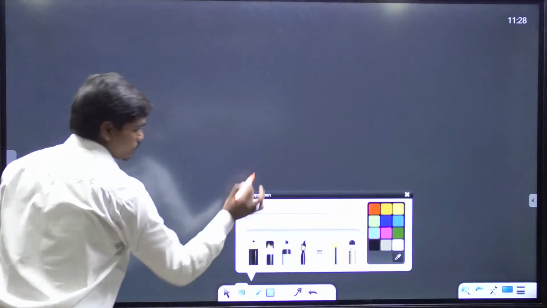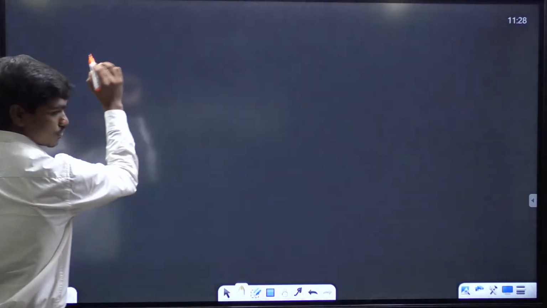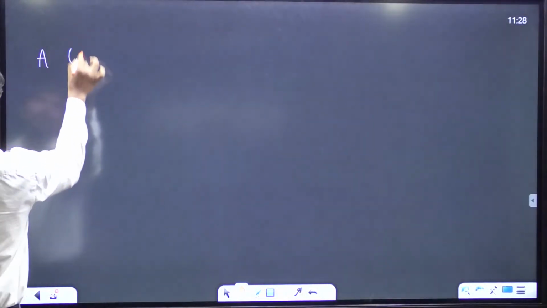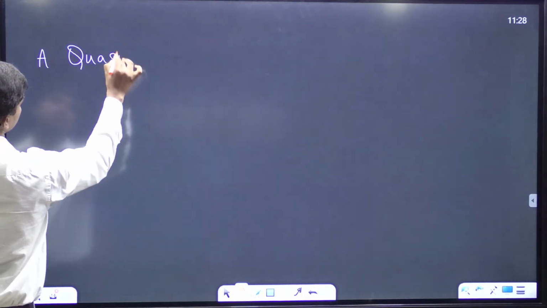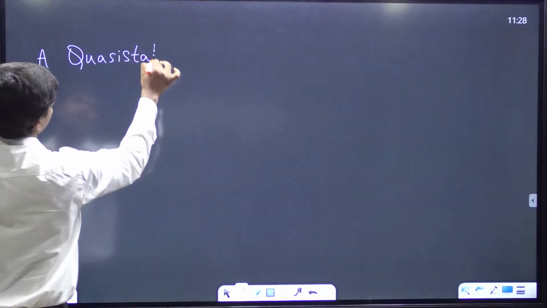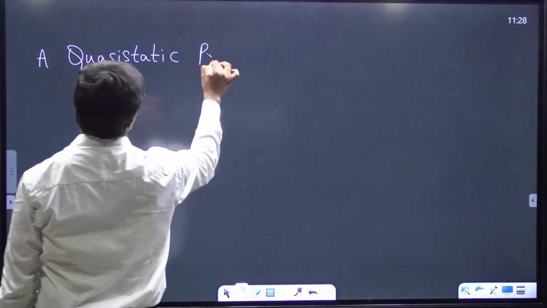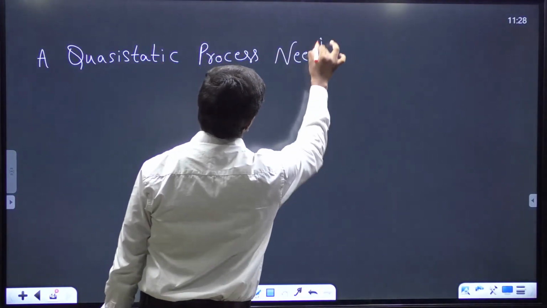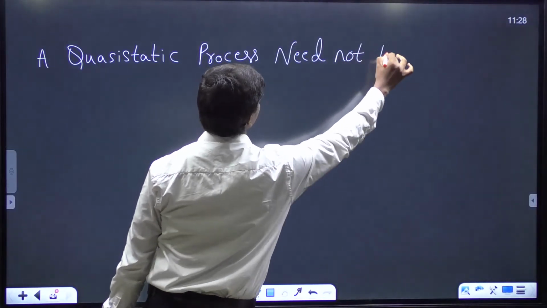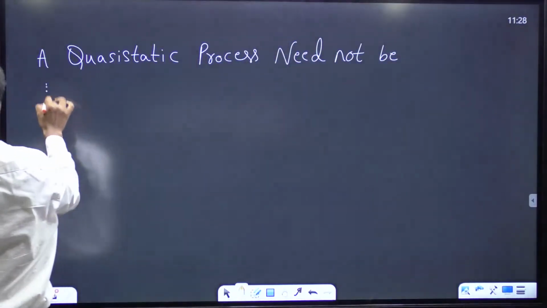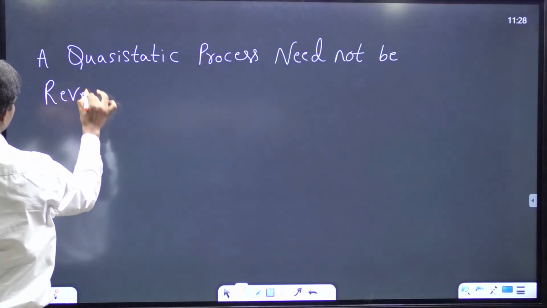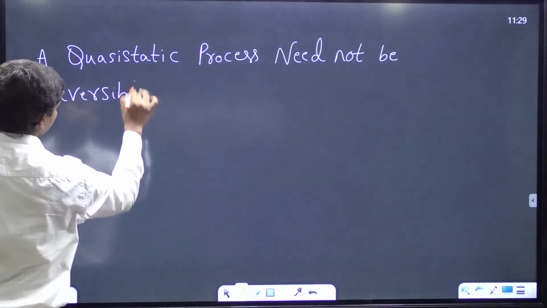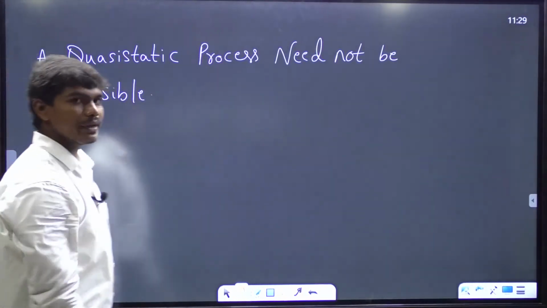A quasi-static process need not be reversible. This is the main outcome of today's class that I want you to observe.